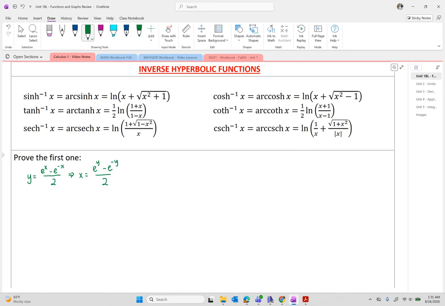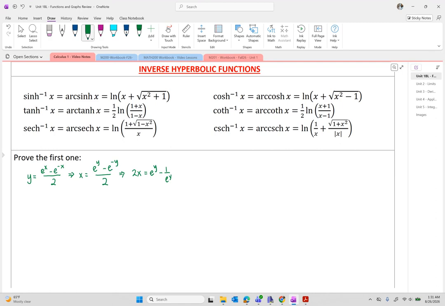To solve for y, first I will eliminate the 2 by multiplying by 2. Then I will write the e to the negative y as 1 over e to the y. And then let's call this something so that we don't confuse ourselves.